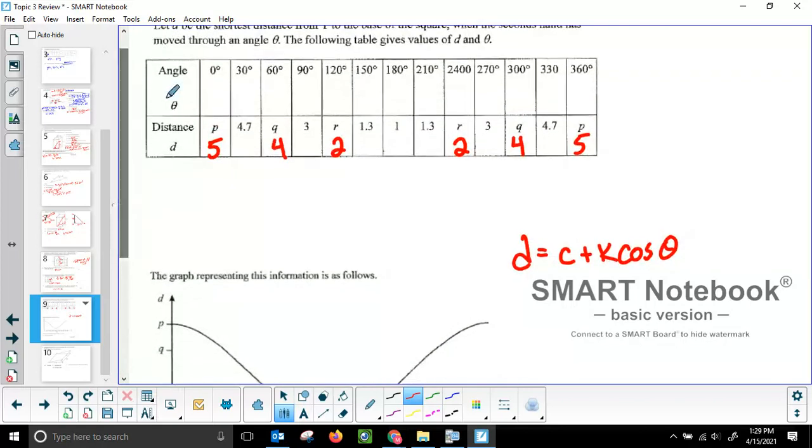Okay, so what we're going to do here is use these points. However, we need to use one point that is going to automatically eliminate this K. So cosine of what equals 0?